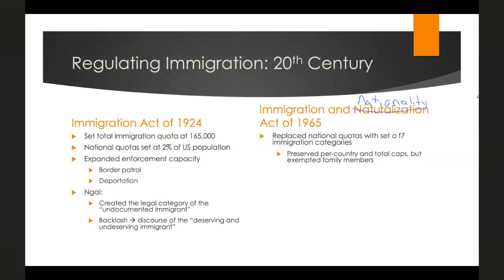And so the act prioritized specialized skills and employment-based visas. These would be visas, and we'll talk about these in more detail in a second, in which you were sponsored by your employer, but it also included exemptions for family members. While certain caps on total immigration were retained, for the spouses of American citizens and many immediate family members of American citizens, there were particular exceptions.